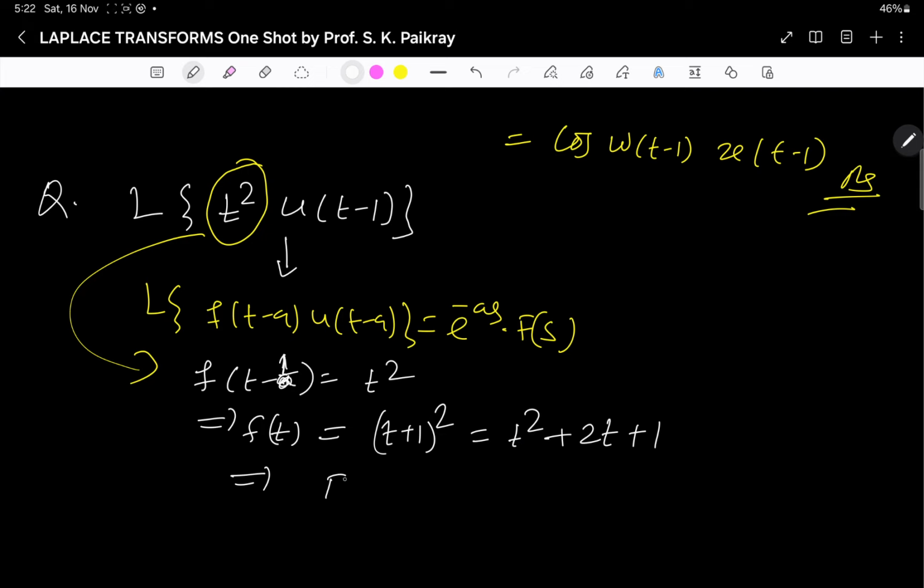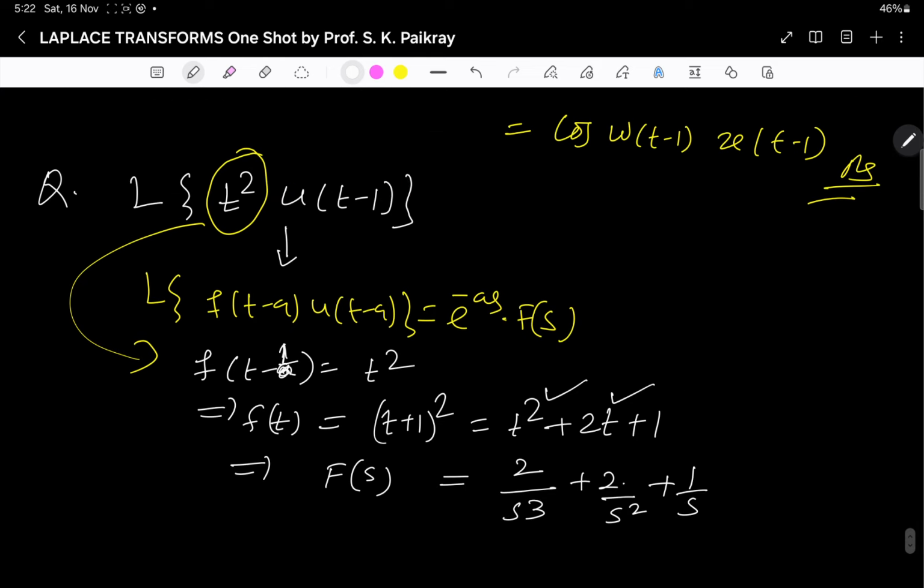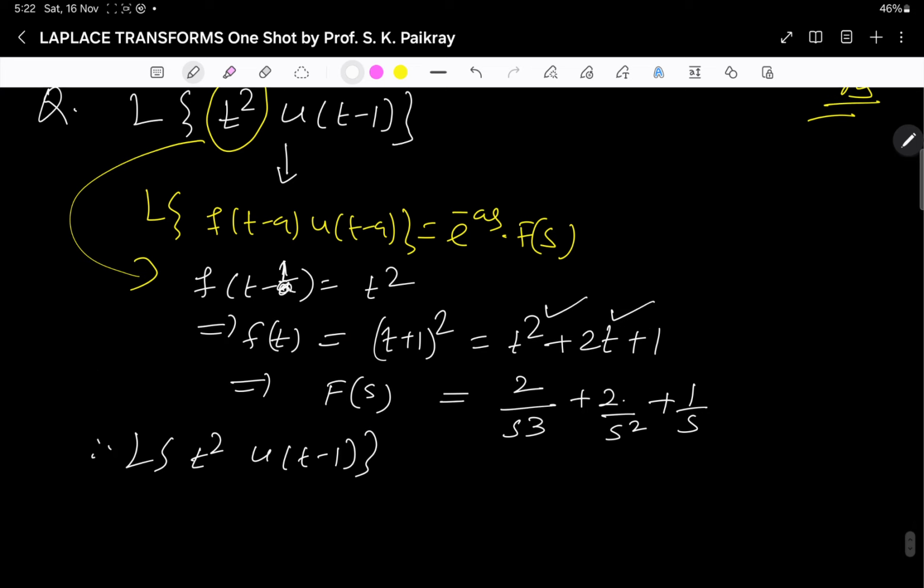So what is your F(s) now? F(s) will be 2 factorial by s cube plus 2 times Laplace of t, which is 1 by s square, plus Laplace of 1, which is 1 by s. So what is the formula then? Therefore my L of t square u(t minus 1), what should be my outcome here?